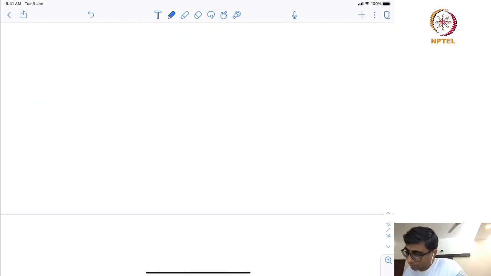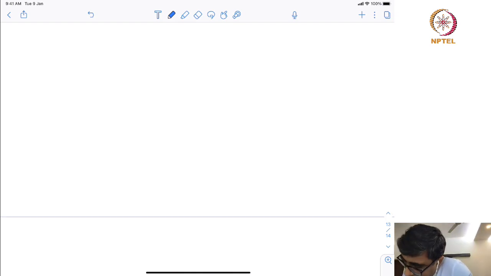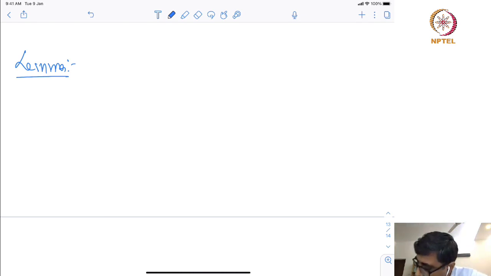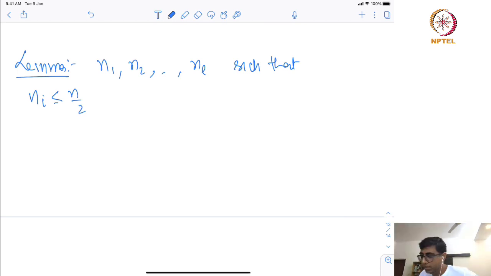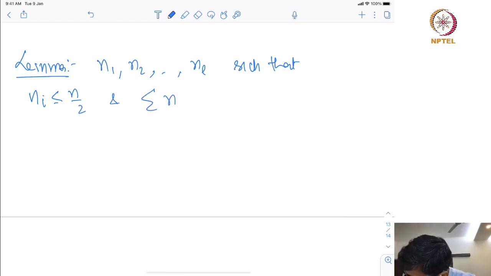So, let us look at a lemma, and this lemma is about numbers, and on purpose I am talking about numbers. Suppose we have n1, n2, up to nl, such that each ni is at most half of n, and the summation of ni, i going from 1 to l, is n.